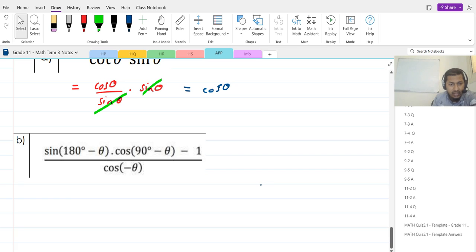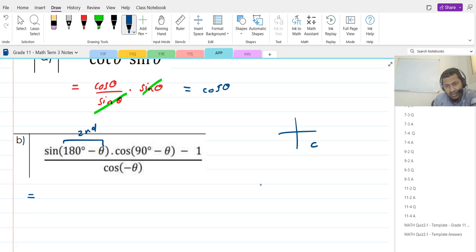Simplifying, what is sine of 180 minus theta? Sine of 180 minus theta is in the second quadrant, right? Remember we have the CAST diagram. We end up in the second quadrant, and sine is positive there, so the answer is just sine theta.